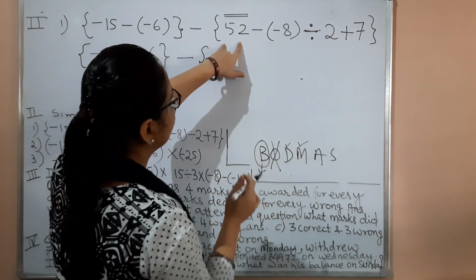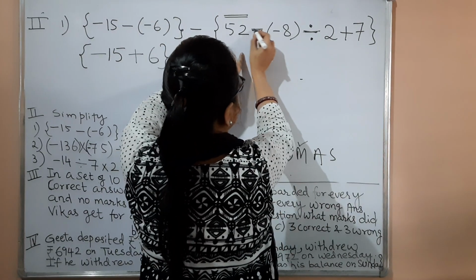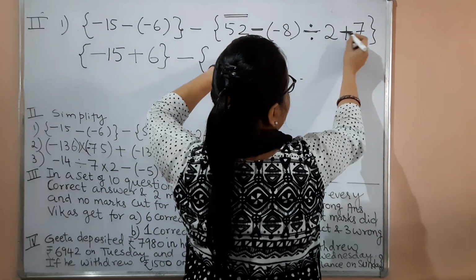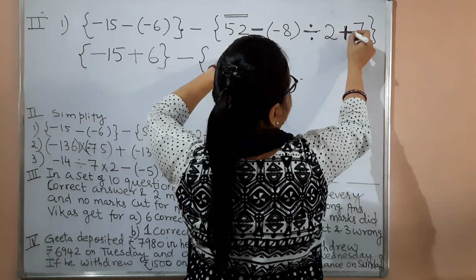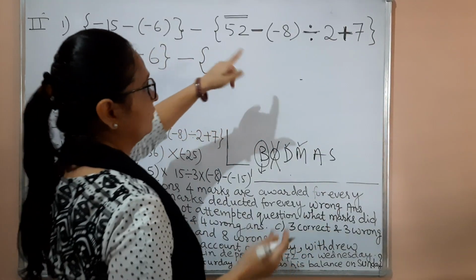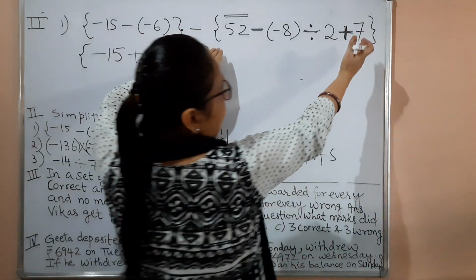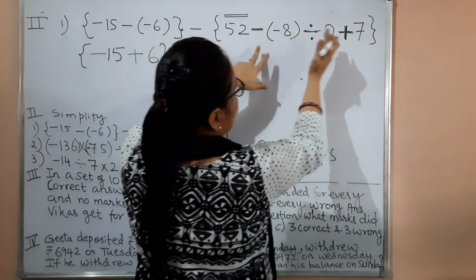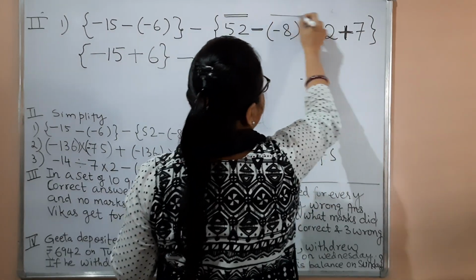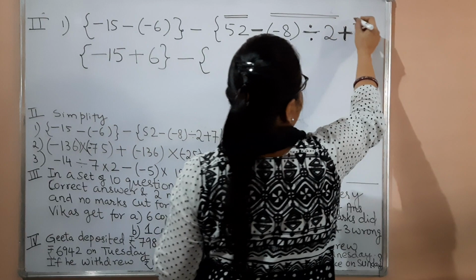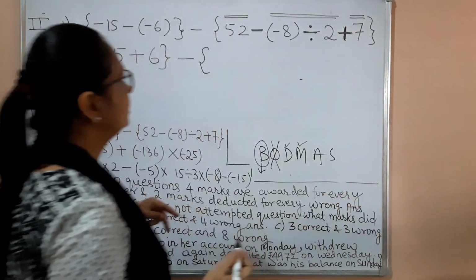There is one term here, because our negative and positive signs decide our partition. Alright, this is a big question which is partitioned into 3 small parts. So this is the second part and this is your third part.